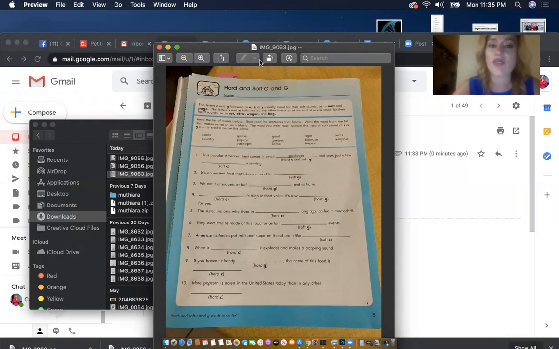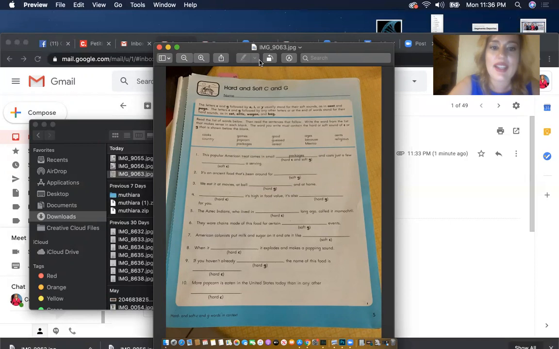The letters C and G followed by any other letters or at the end of the words stand for their hard sounds. So ahí dice las letras C y G que son seguidas por cualquier otra letra menos la E, I latina o la Y hacen que tenga un sonido más fuerte, más duro, como cat, attic, wagon, and bag. Okay? Luego dice, read the list of words below, then read the sentences that follow. Write the word from the list that makes sense in each blank. The word you write must contain the hard or soft sound of C or G that is shown below the blank.